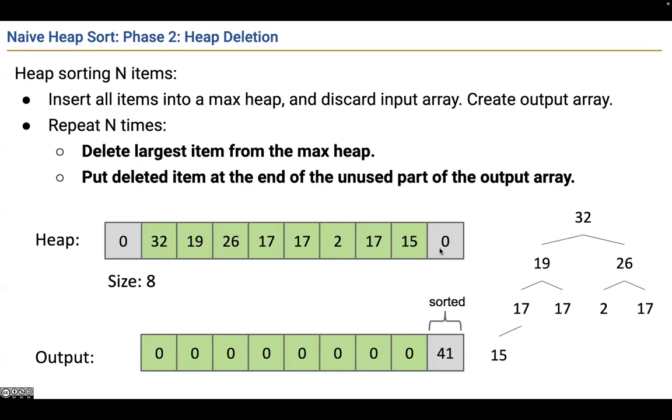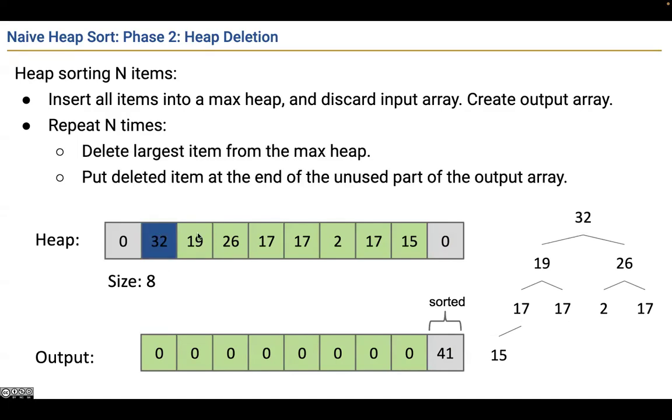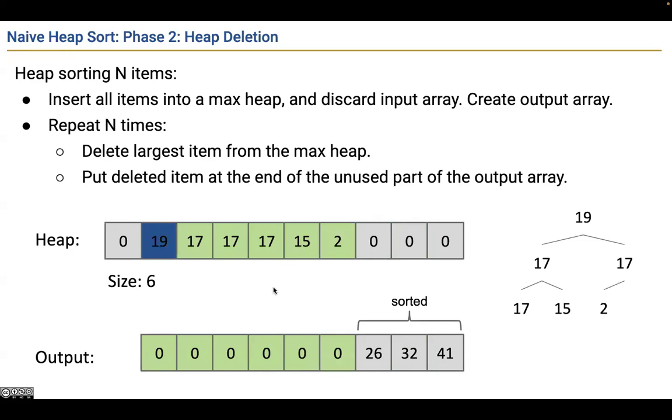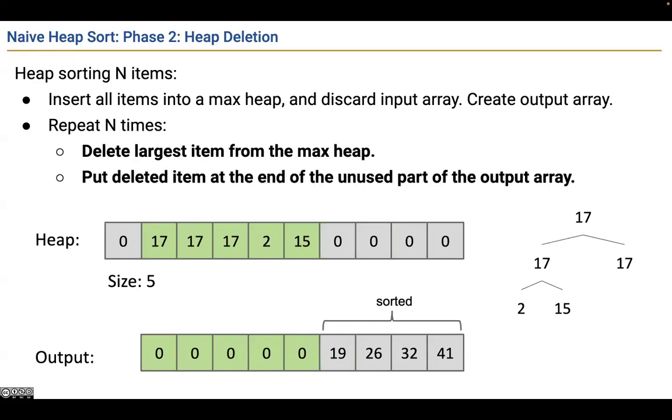Okay, let's keep going. So again, I go to the heap. I pull the largest thing out of the heap. It happens to be 32. The items are going to shuffle around because I deleted something from the heap, and I put the 32 in the next position in the output array. And I keep going. I pull out the next thing, I pull out the next thing. And again, the exact way in which these numbers are shuffling is something that I think you could do with enough time, but it's just not interesting enough to do now.